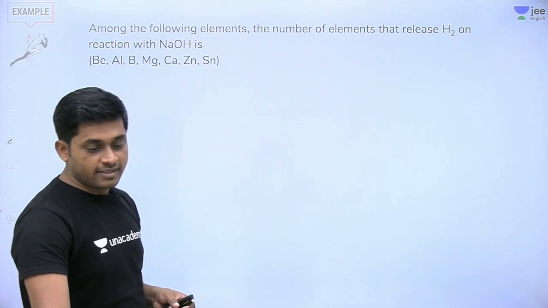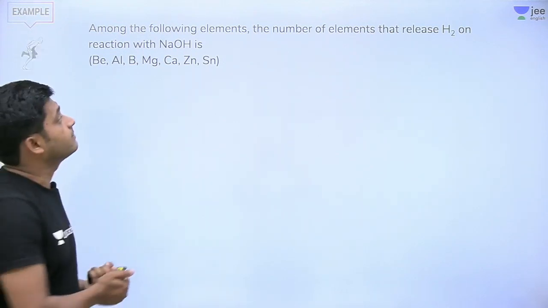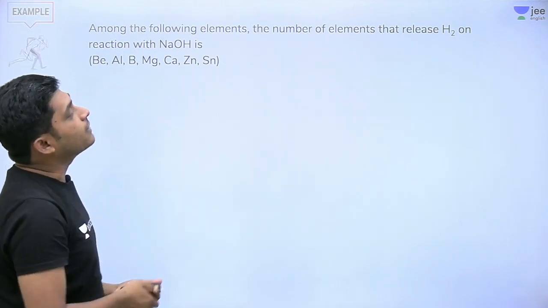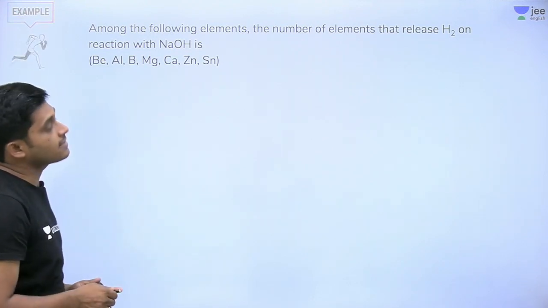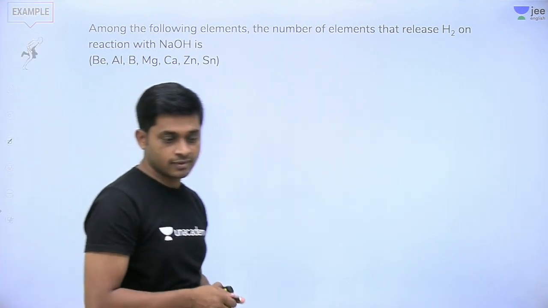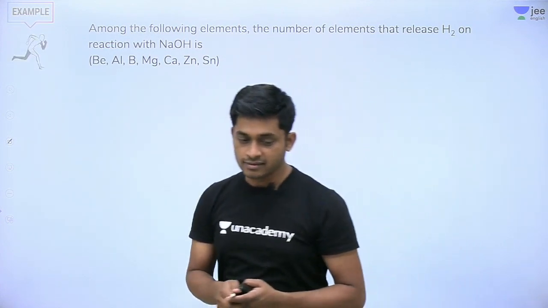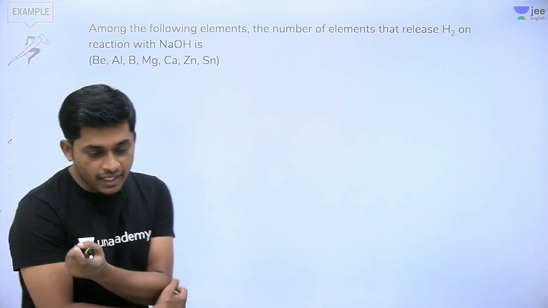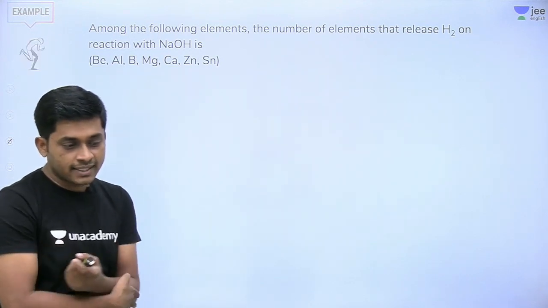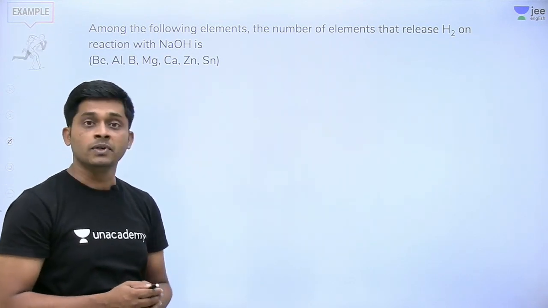Come on, how many are there? Integer type, number of elements that release H2. I'm getting answers of 3. Is it difficult? Beryllium and aluminium, Zn, tin are amphoteric. So what is the correct answer?